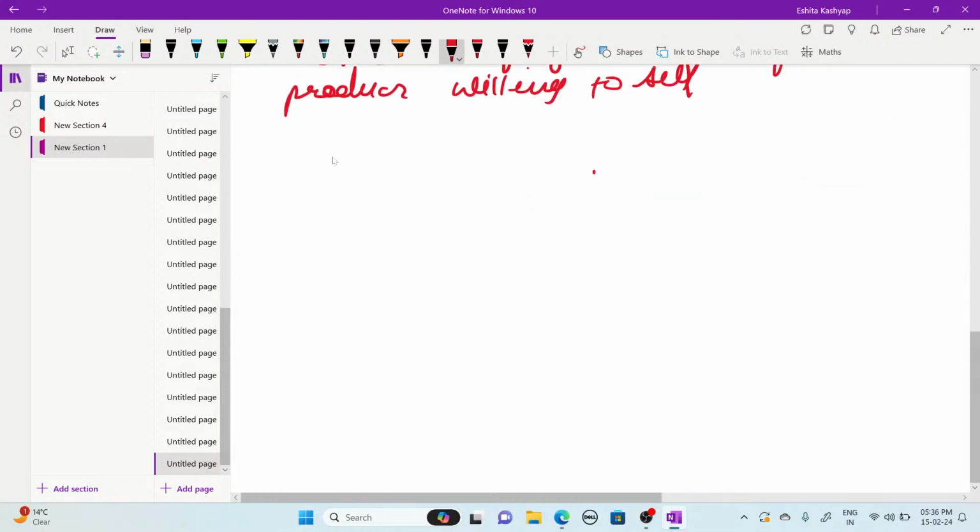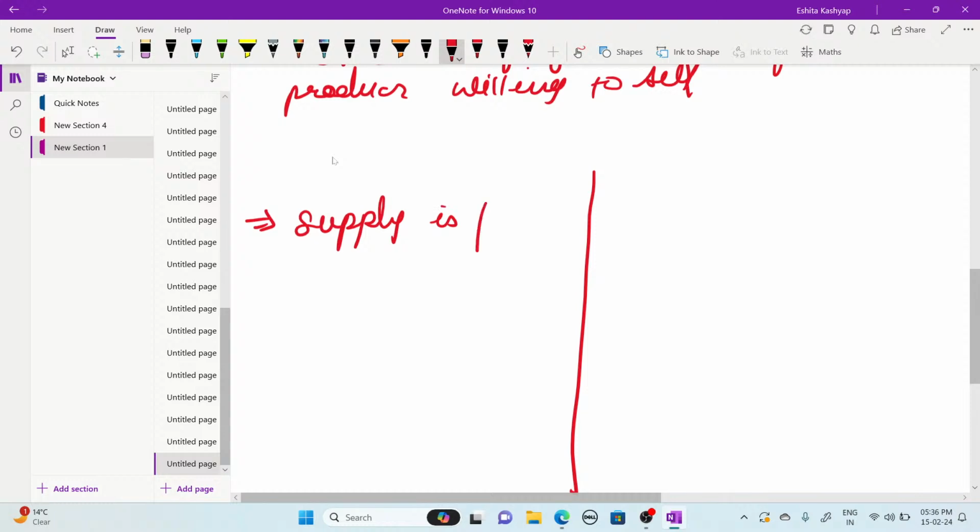Another difference between stock and supply is that supply is a flow concept. It is measured per unit of time period, and supply is always related to the price of the commodity.